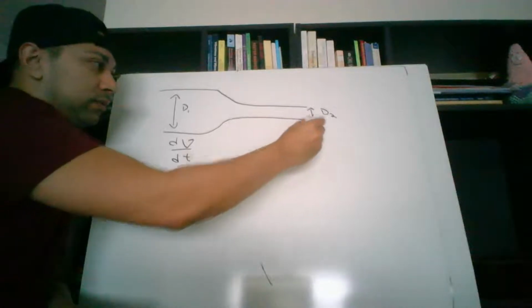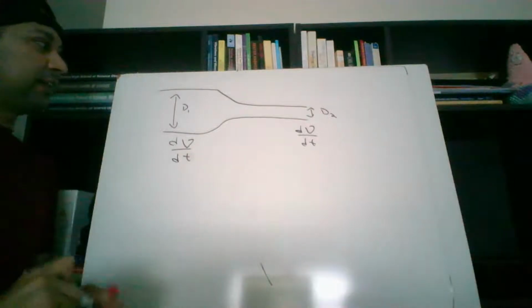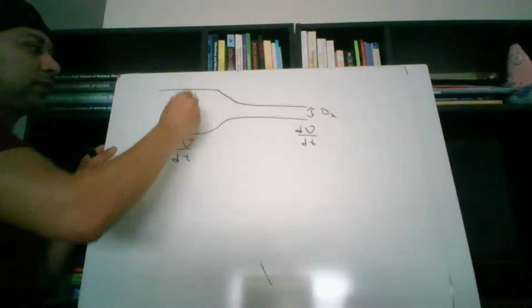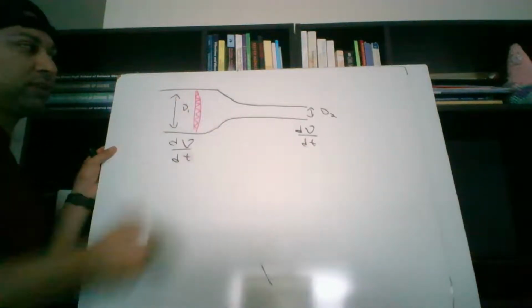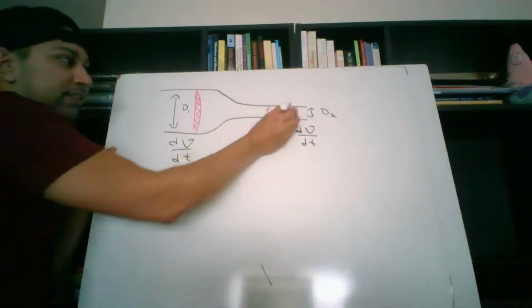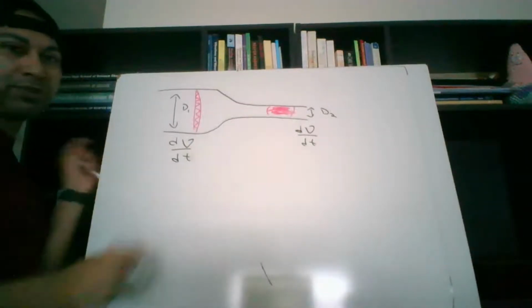So if I were to make a drawing of this, let's say this is how much volume got pushed out after 1 second here. But if you compare it to here, it would look something like this. And that's how much volume gets pushed out there.